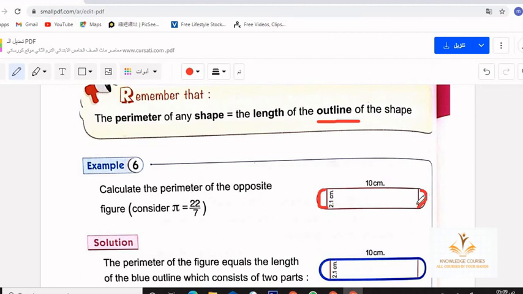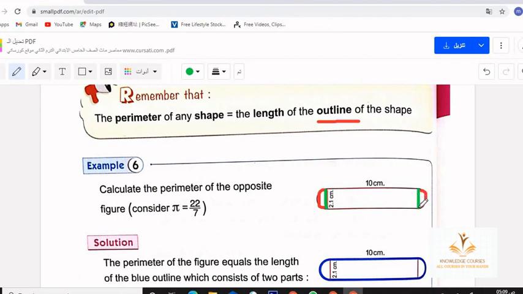Half circle plus half circle equals 1 circle. The circumference of this circle, and this is the diameter.